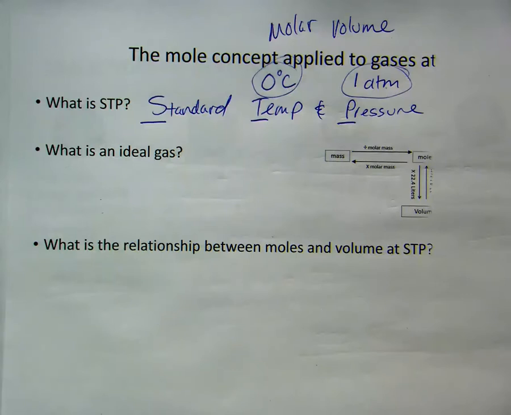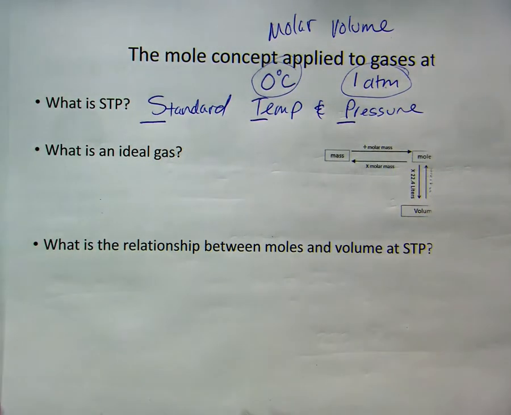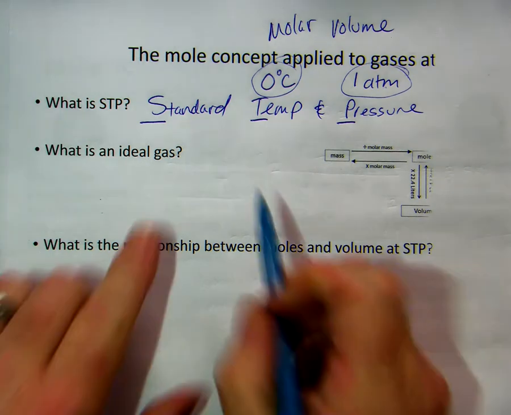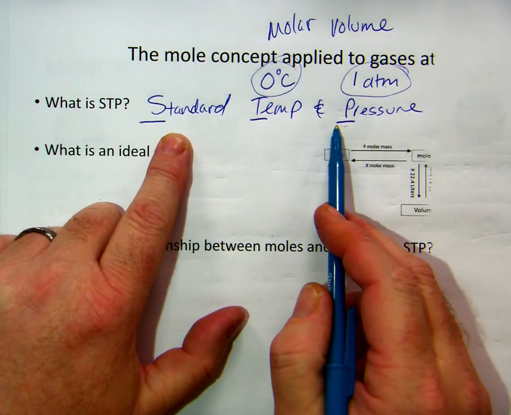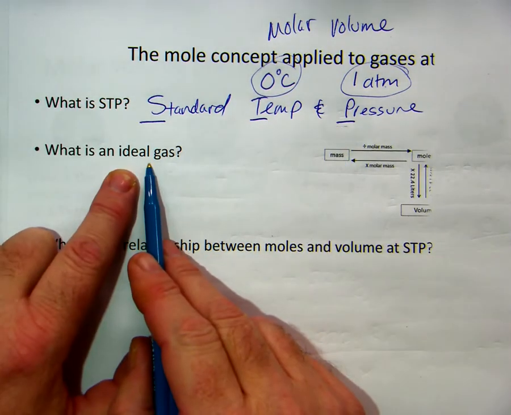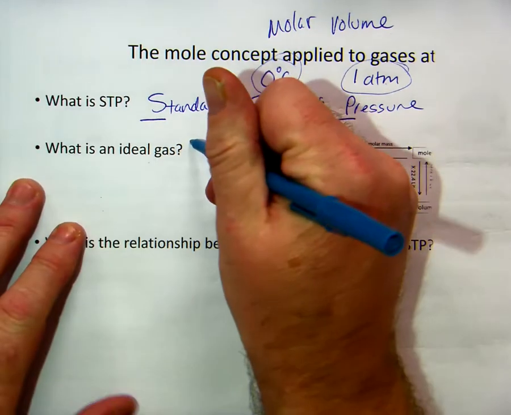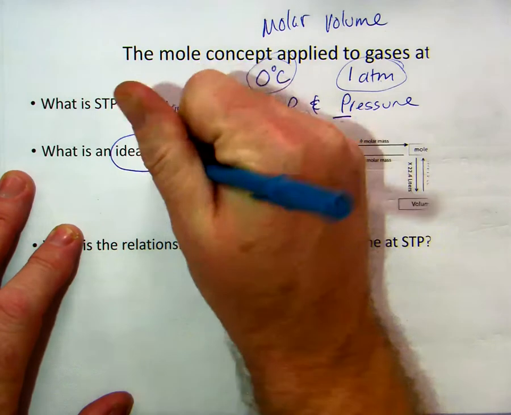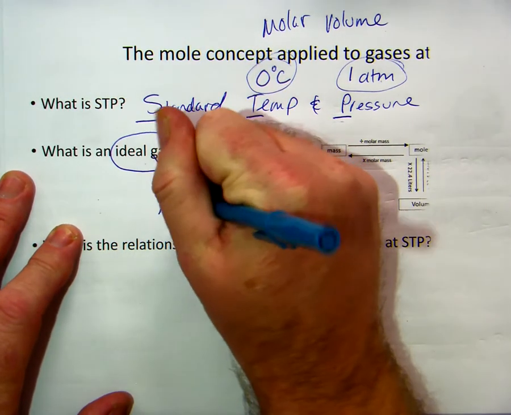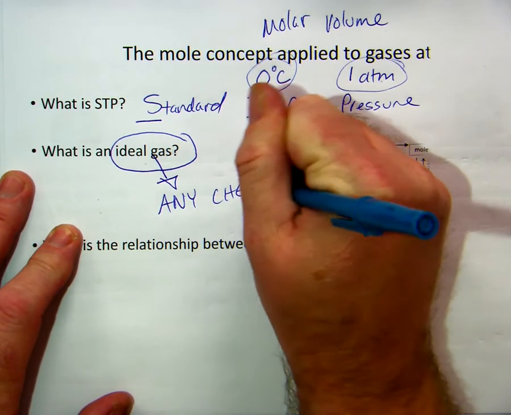Or right about now, the pressure you're experiencing in this room is about 1 atmosphere. All right, so under these conditions, ideal gases behave in a very predictable fashion. Now, ideal gases, if you're wondering, are any Chem 305 gases.